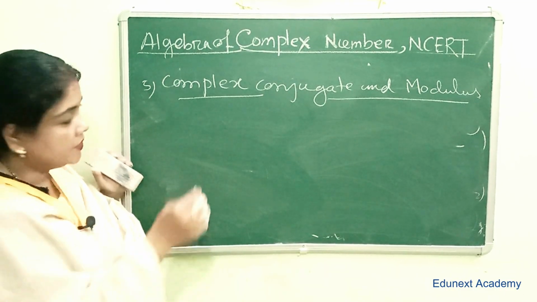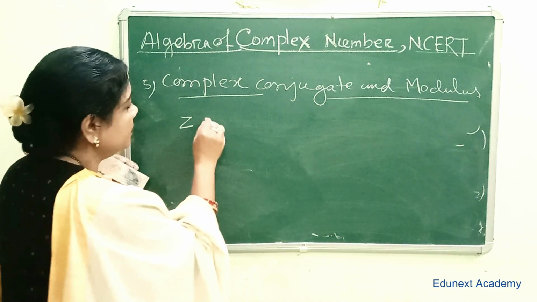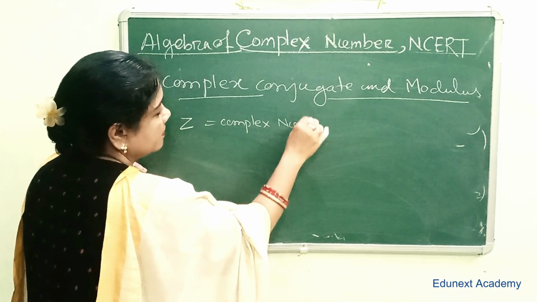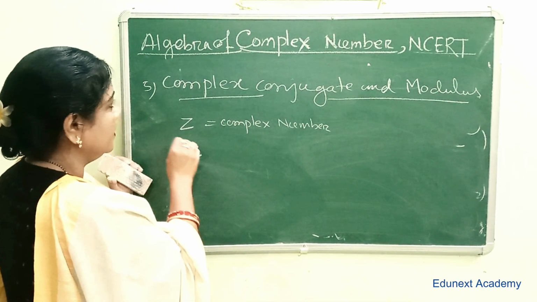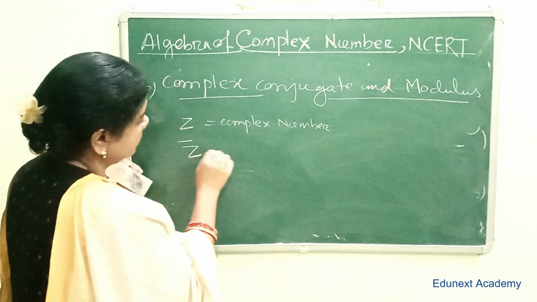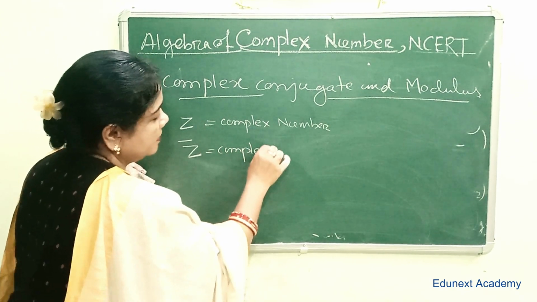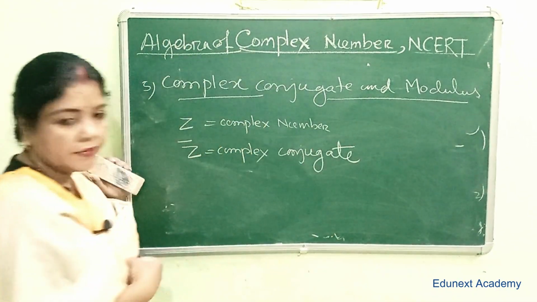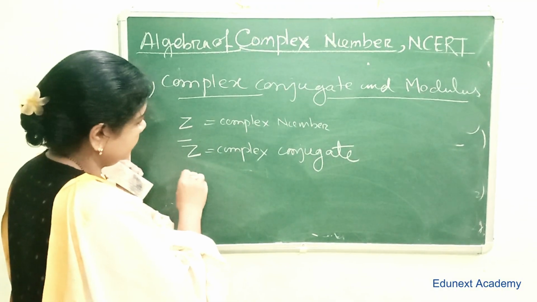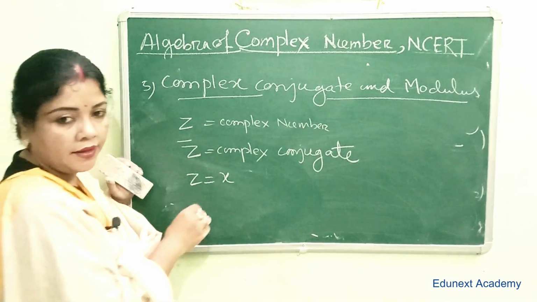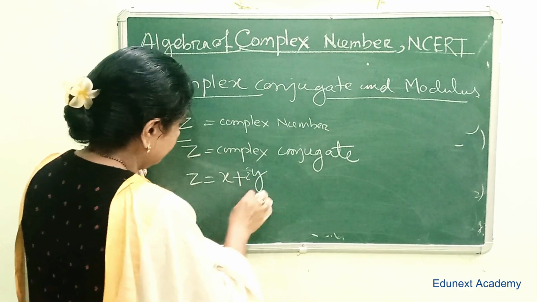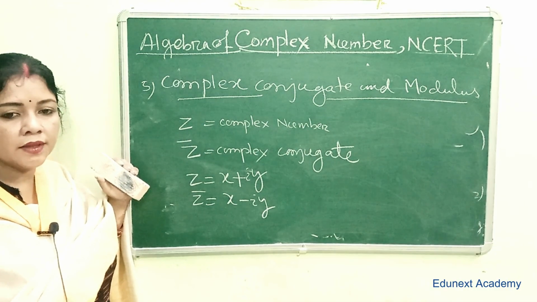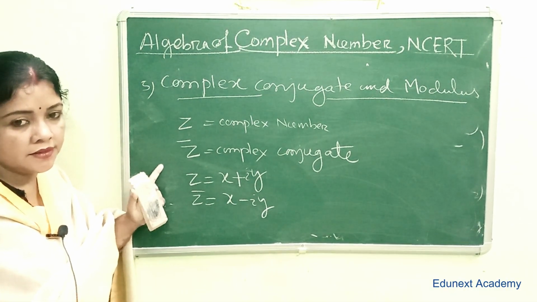For complex conjugate, if Z is a complex number, then Z bar is its complex conjugate. That means if Z is equal to x plus iy, then the conjugate will be x minus iy. Now this is the complex conjugate.